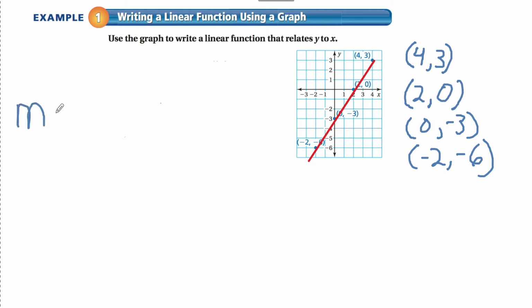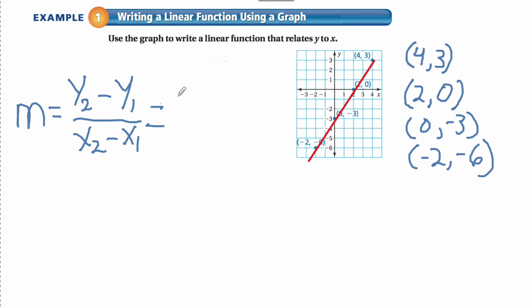We remember m is our slope, and we can find it by doing y2 minus y1 all over x2 minus x1. We plug in our y's and our x's. First, we have to pick 2 points. Let's pick these 2 middle points right here.